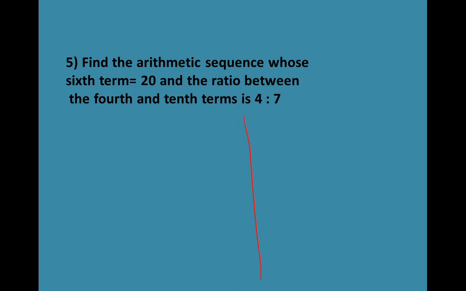Here, the sixth term T6 equals 20. Then the first equation, A plus 5D equals 20. Also, the ratio between the fourth and the 10th terms, T4 to T7, equals 4 over 7. Then A plus 3D over A plus 6D equals 4 over 7.